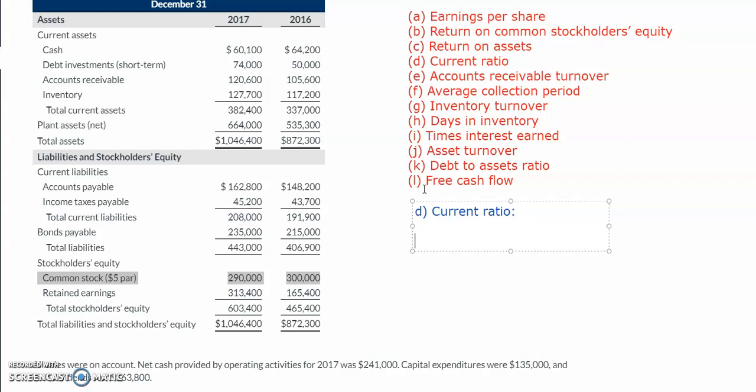For our current ratio, we're going to take our total current assets, which will be 382,400, and we're going to divide that by our current liabilities of 208,000. So once you do the math here, you're going to get 1.84.